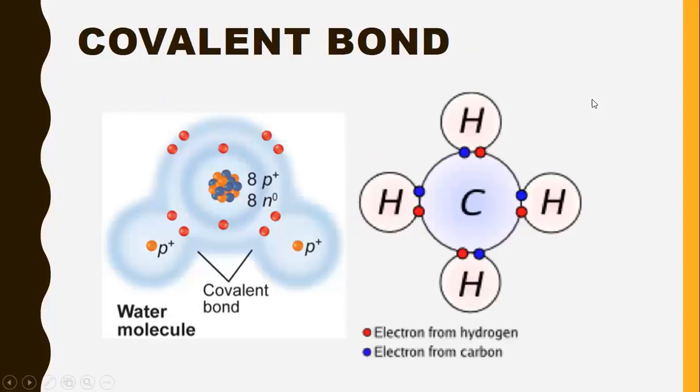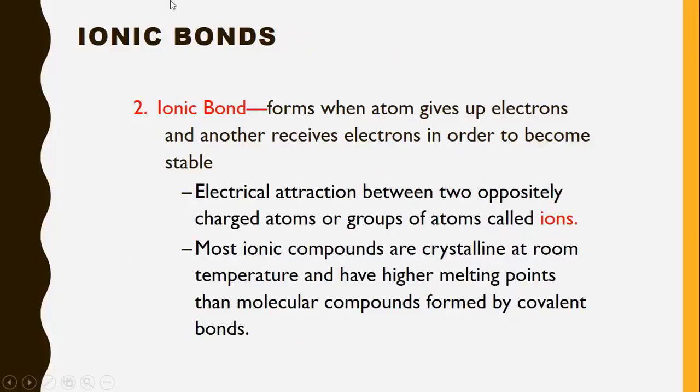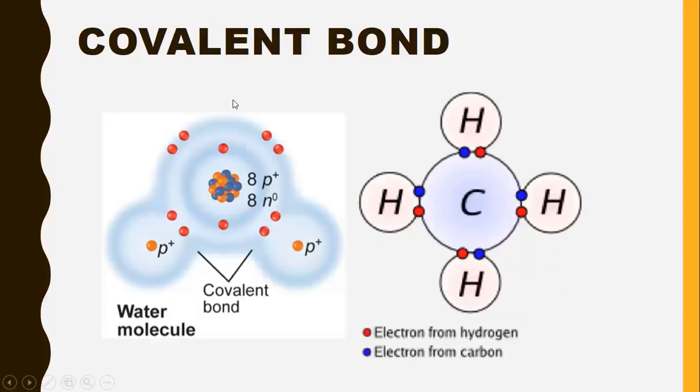This CH4 is an example of a nonpolar bond because all the electrons are being evenly pulled by these four hydrogens. Just think of it as being balanced. This whole molecule is balanced because they're pulling evenly at the sides.